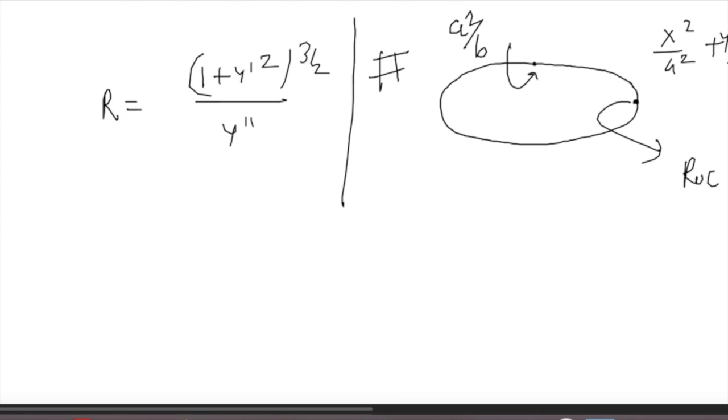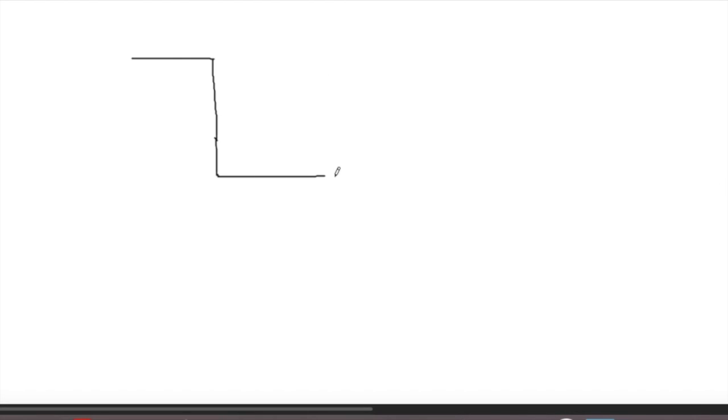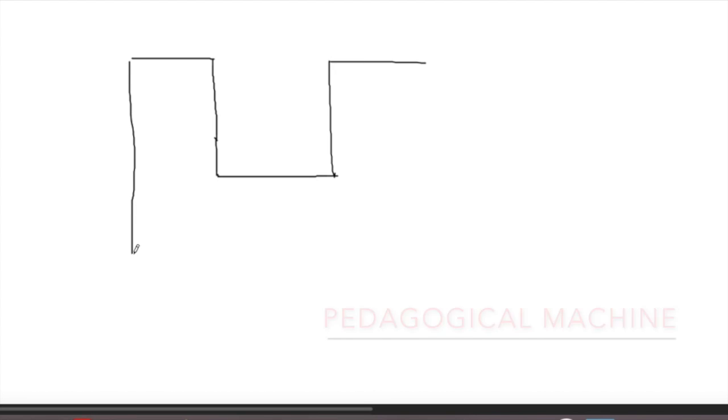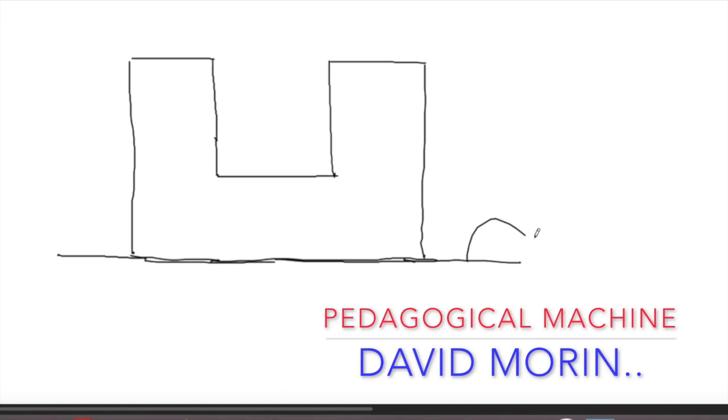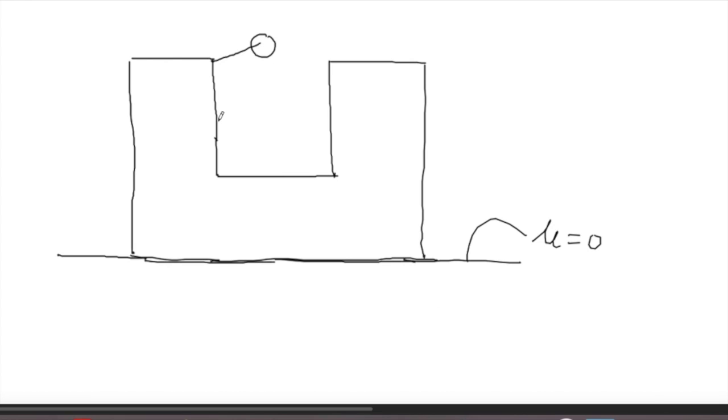Okay, now I am giving you one more interesting problem, a pedagogical machine, because these types of machines are very useful in learning fundamental concepts of mechanics. So there is a large, heavy block placed on a smooth surface. There is no friction. Then there is a pulley and there is a block.